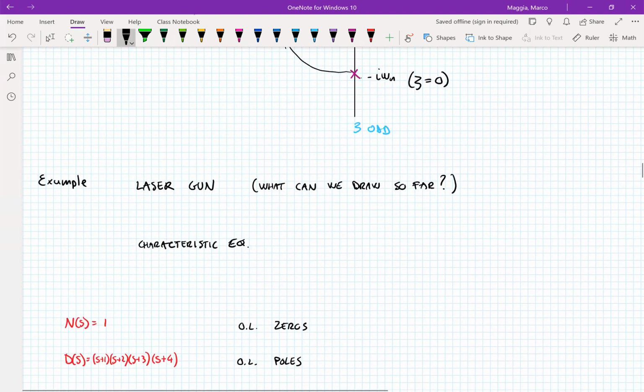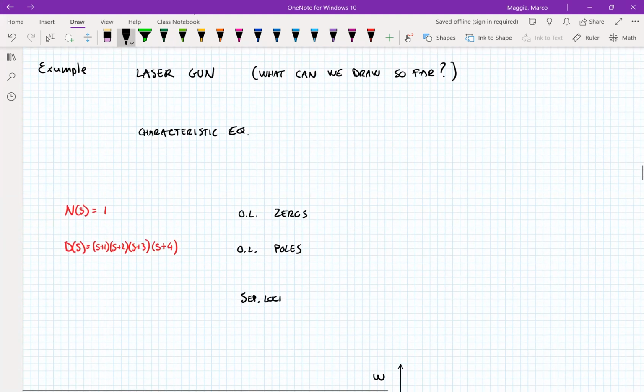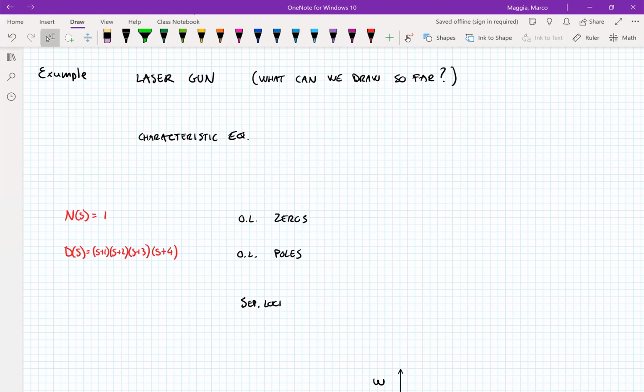All right, let's take a look at another example, and that's indeed the example at the end of the last lecture, that is the laser gun. And let's try to draw the root locus, at least using steps 1 through 5. Let's see what we can draw.